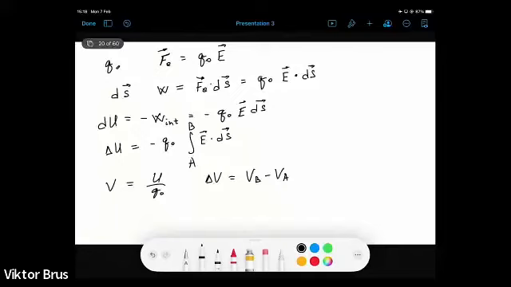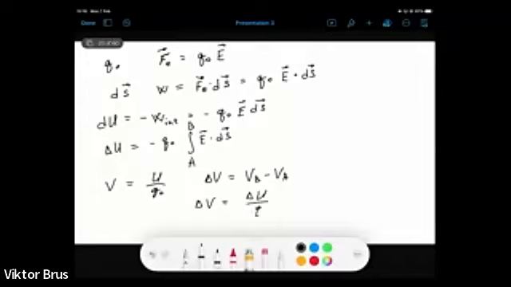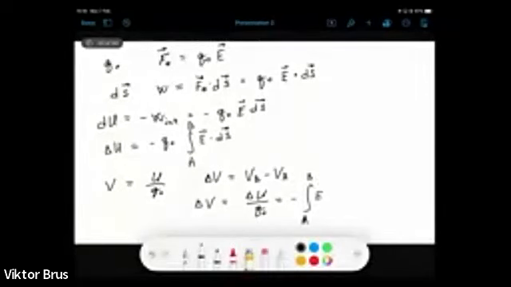So in general case, we can write that the change in potential is equal to change of potential energy divided by the test electric charge, and it is equal to minus integral from A to B of E vector dot product displacement vector. So these are definitions of potential energy and potential in electrostatic field.